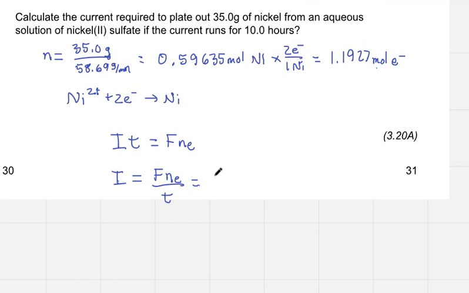And we get a required current of 3.197 amps. Everything here was given at 3 significant digits, so we can trim our answer to 3, and that would make it 3.20 amps. Good? Hopefully good.